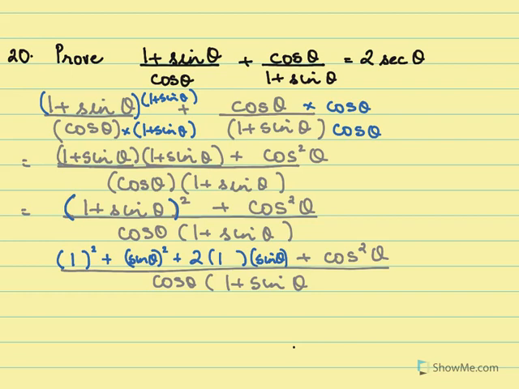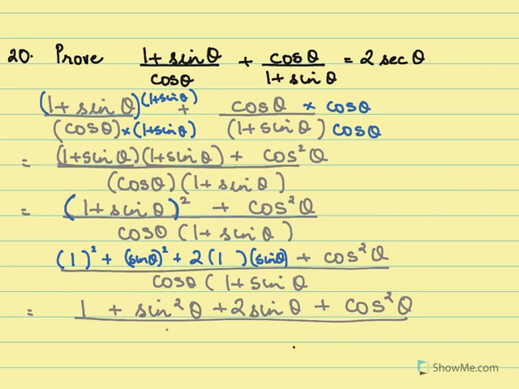Now 1 square is 1, this is sine square theta, 2 into 1 into sine theta is 2 sine theta, plus cos square theta over cos theta 1 plus sine theta. Now I'm going to club things together, just rearrange.